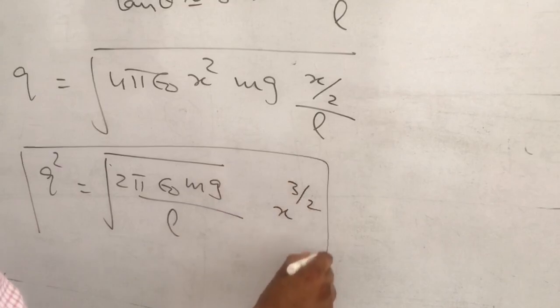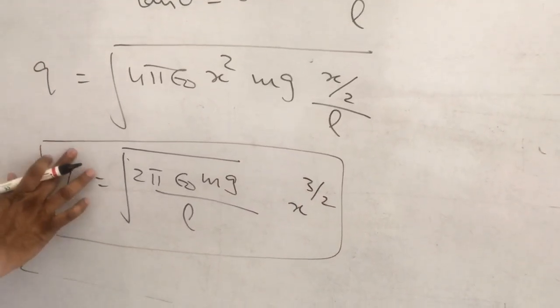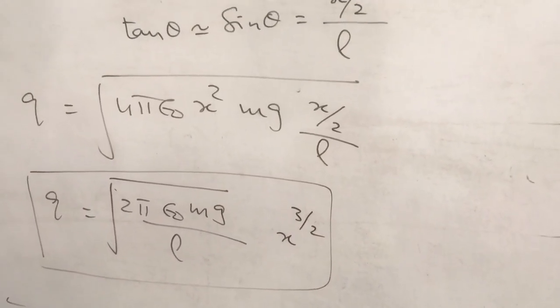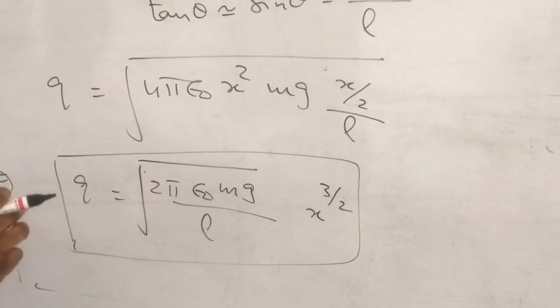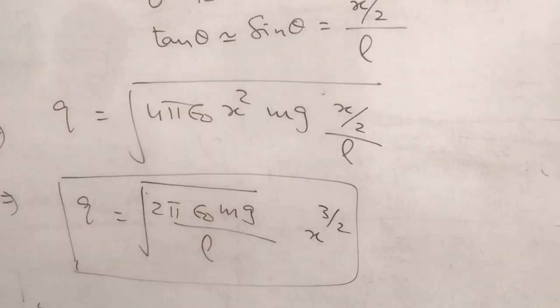This is the equation. Q is equal to this, not q square, just q is equal to this. So in this equation, q is a function of separation x.